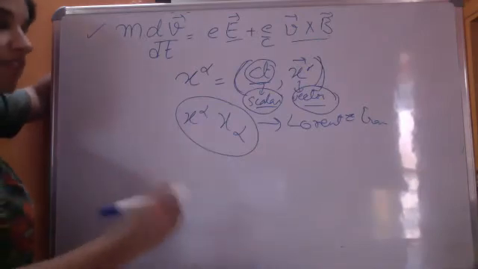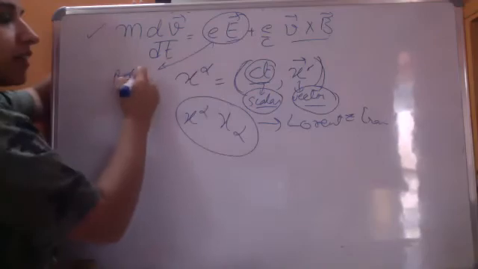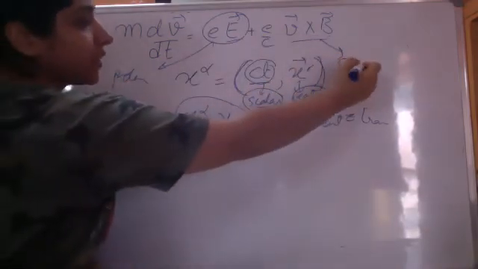In the same way, we will realize that when you have something like a polar vector here and an axial vector here, right?